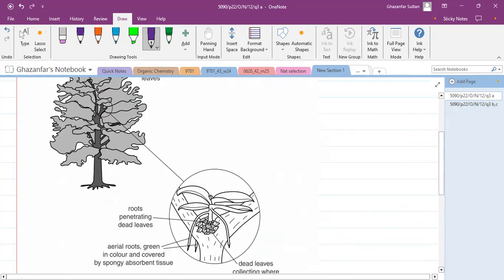It cannot get enough light for its photosynthesis. So it develops these aerial roots which move down, so that they can capture some of the light for its photosynthesis.